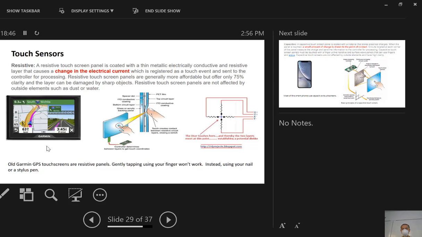So in the past, I think the resistive touchscreen was very popular. The reason you can use a pen, your nail, or a hard tip to touch it is because it senses that touch and makes the connection in between. So here, the layers were not connected at the very beginning.